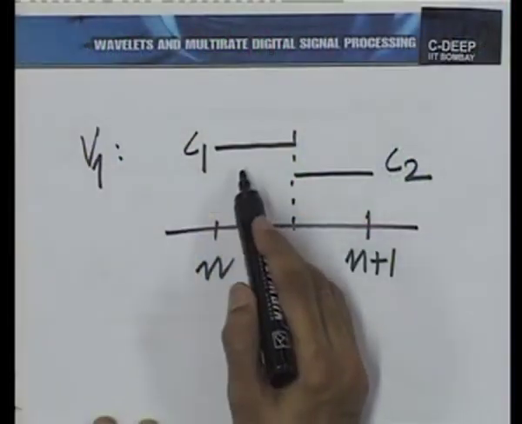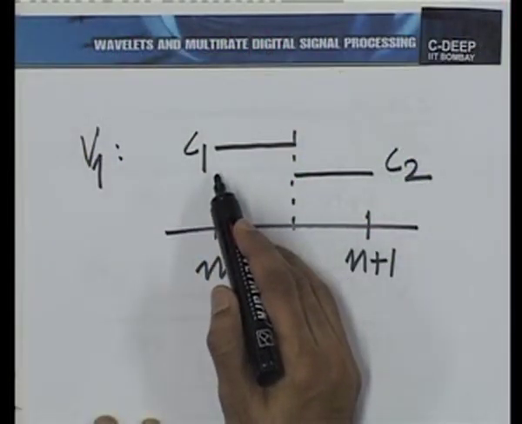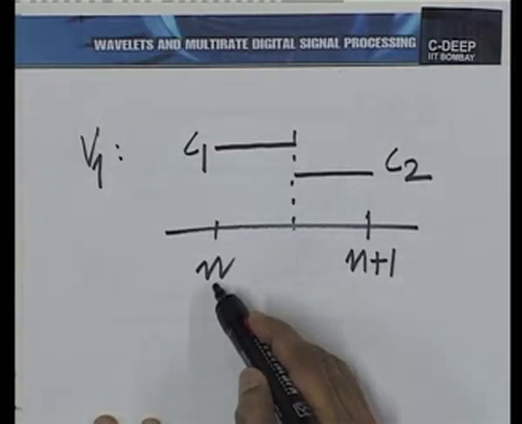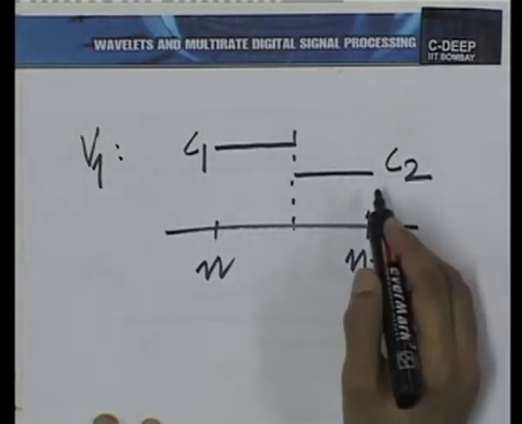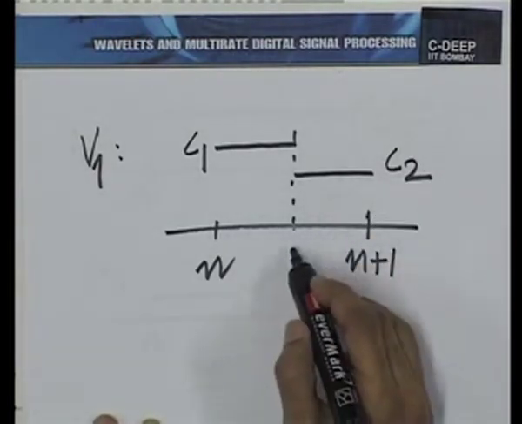Now, can we also make a corresponding construction on the sequences? And in fact, to some extent we have already answered the question. If you look at it, here C1 would be the value of the sequence at 2n, the sequence corresponding to the function in V1, and C2 would be the value of that sequence at 2n plus 1.